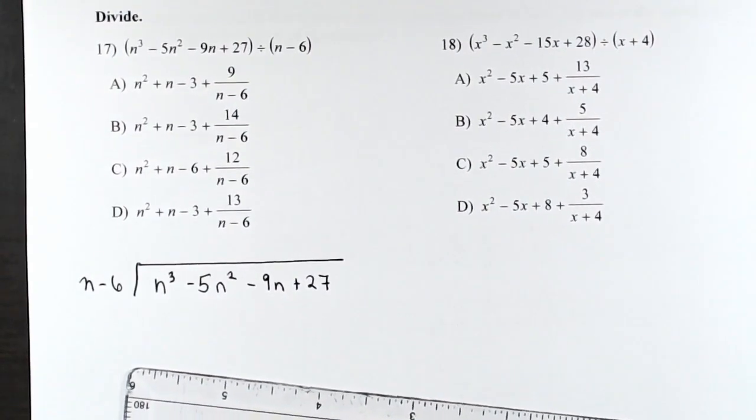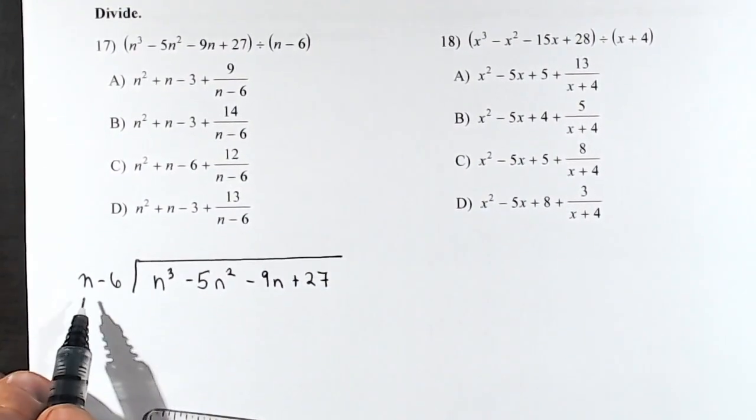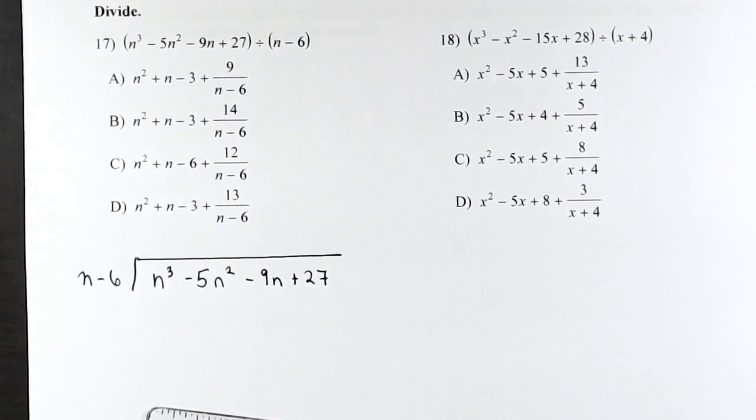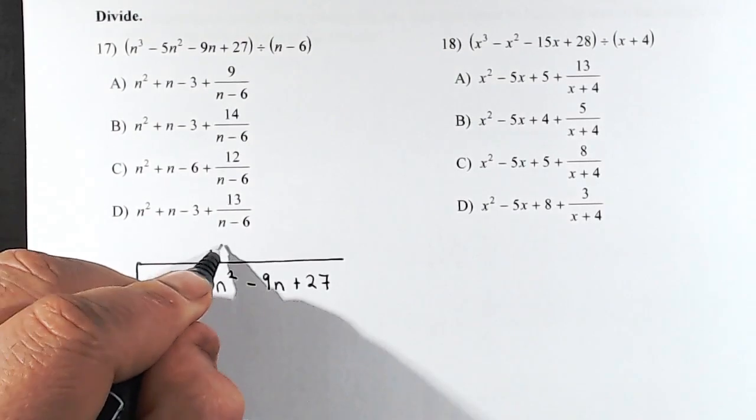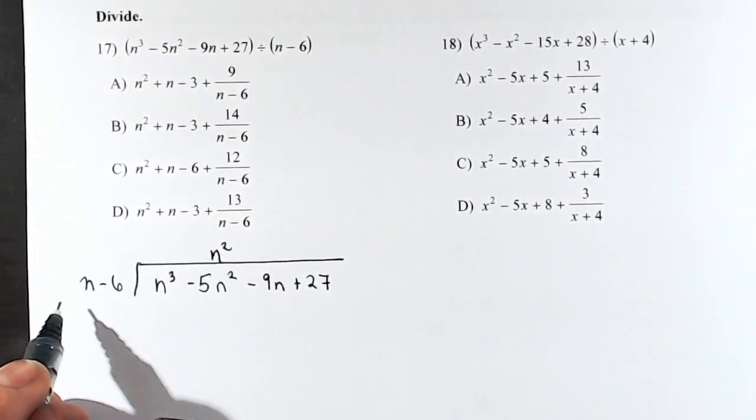Okay? So what you have to ask yourself is, what would I need to multiply by n to make n cubed? And the answer is n squared, right?